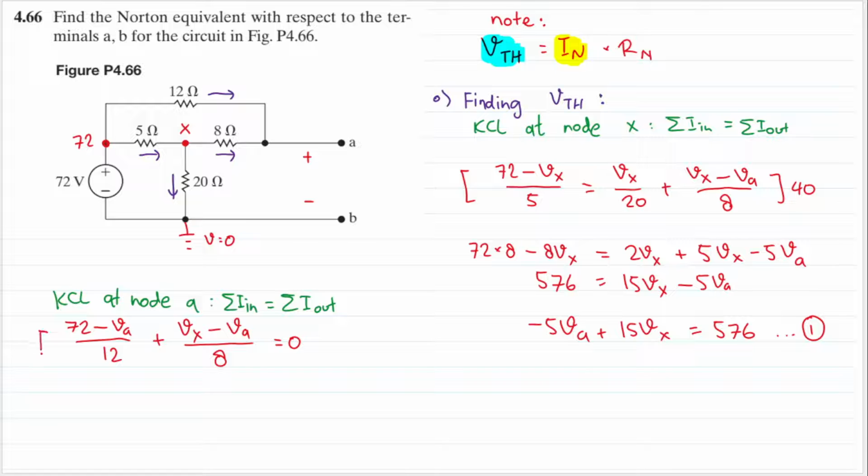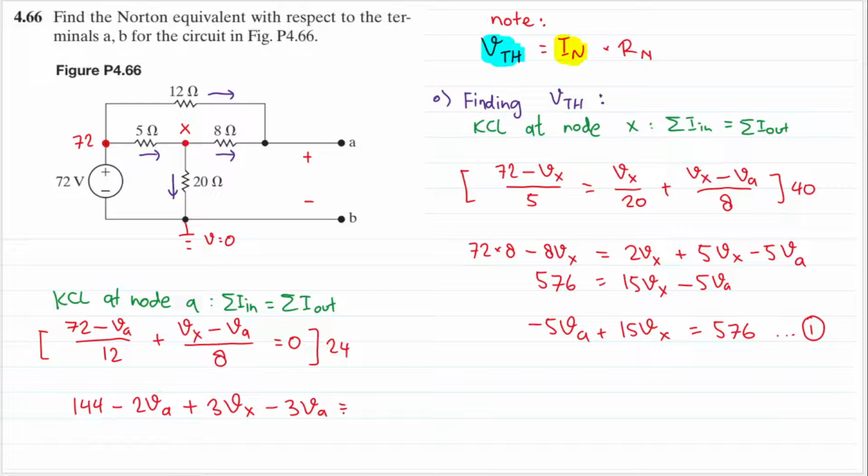Okay, let's multiply this one here by 24. Okay, 12 and 24 will cancel into 2, so we will have 144 minus 2 VA. Then plus this 8 and 24 will cancel into 3 Vx, and then minus 3 VA.